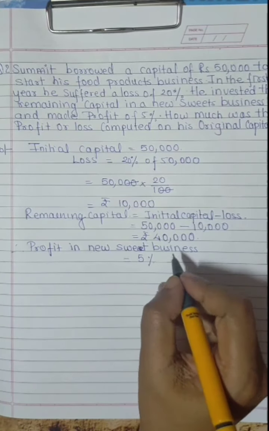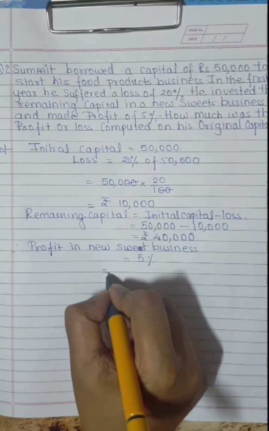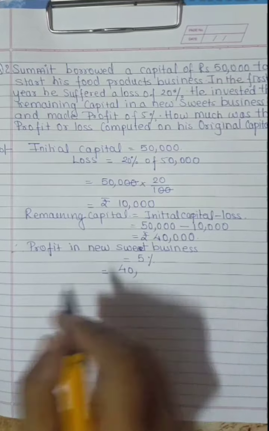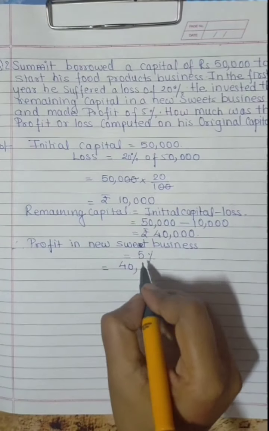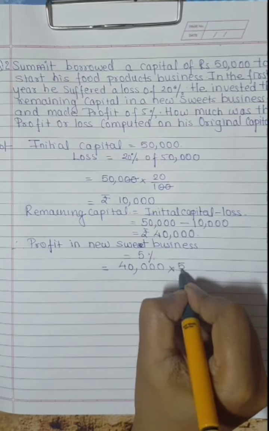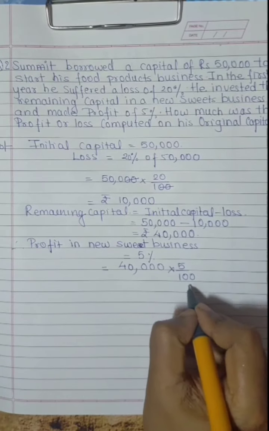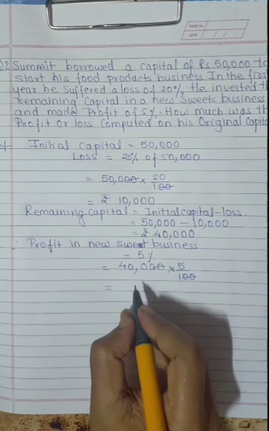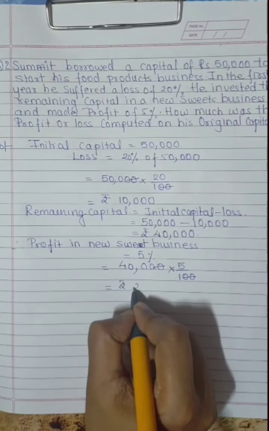So here we'll take 40,000 multiplied by 5 upon 100. Both zeros get cancelled. So profit in the new business he got is rupees 2000.